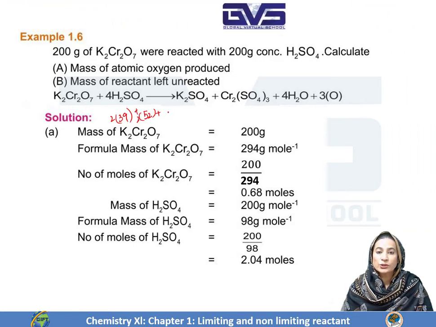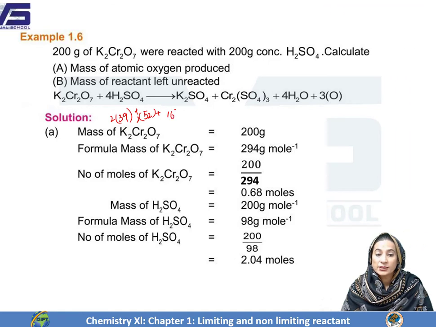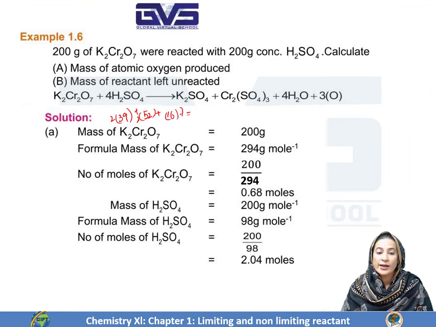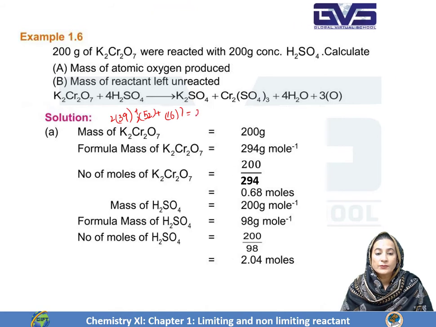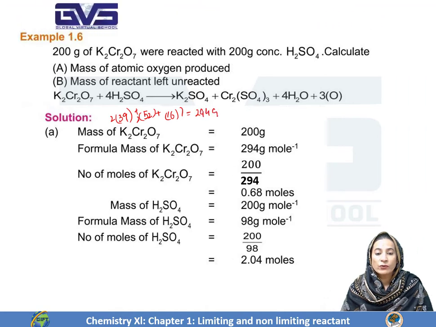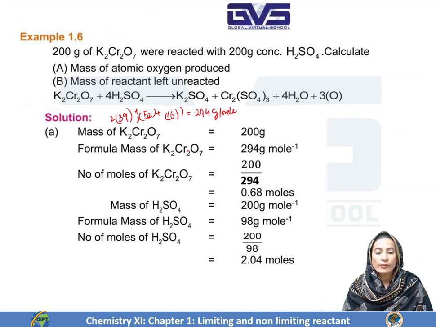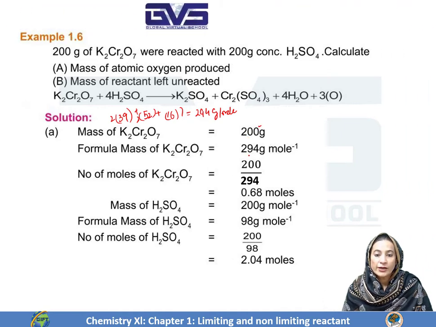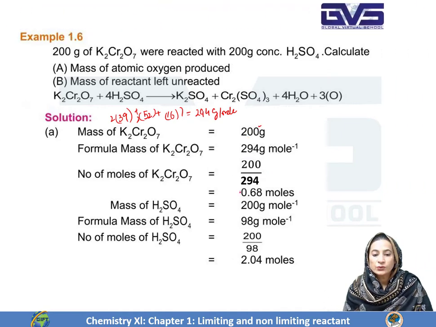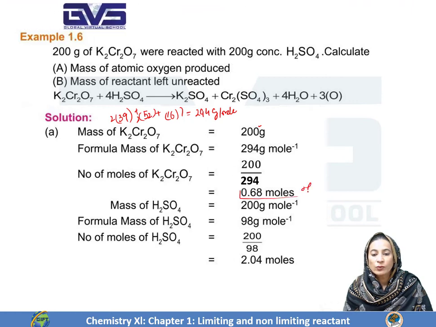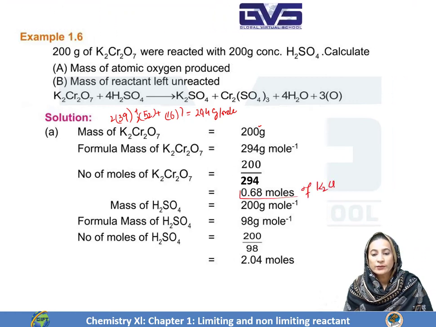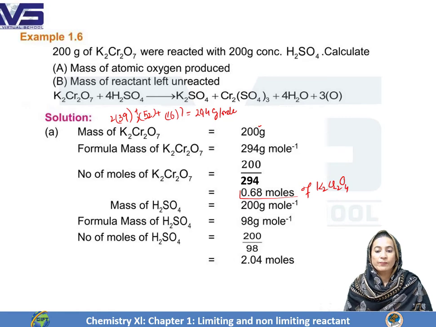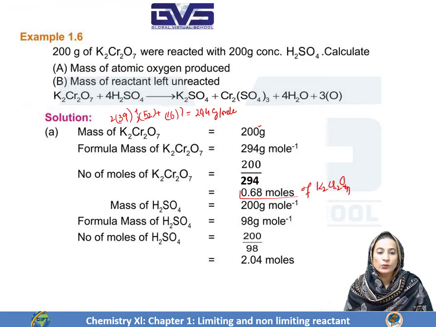And plus oxygen, its mass is 16, and here we have 7. When you add all these, it comes out to 294 grams per mole. So mass in gram is given, 200 gram divided by 294, and this gives you 0.68 moles of potassium dichromate, K2Cr2O7.